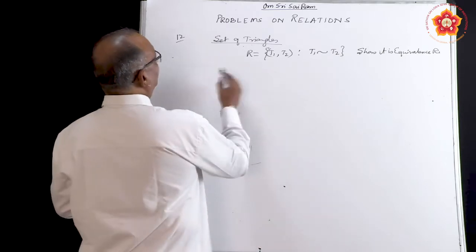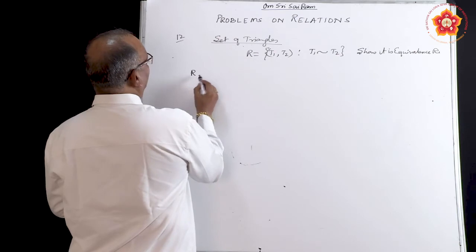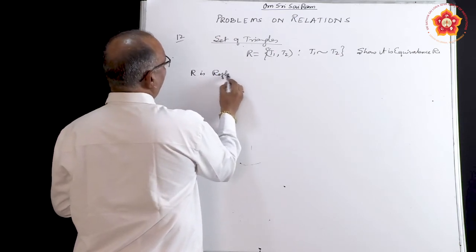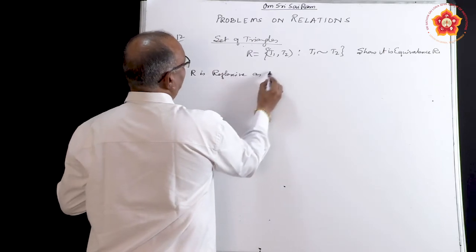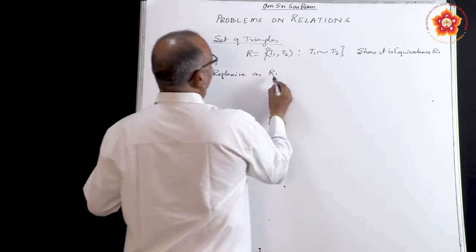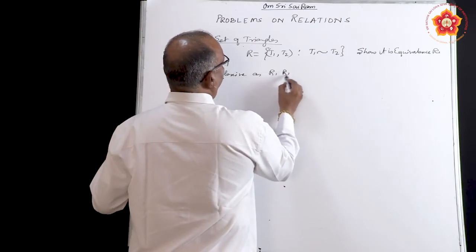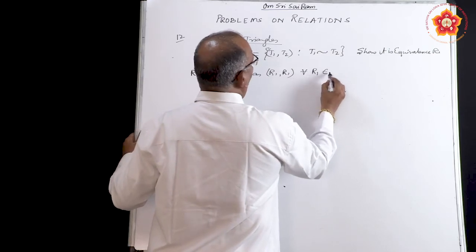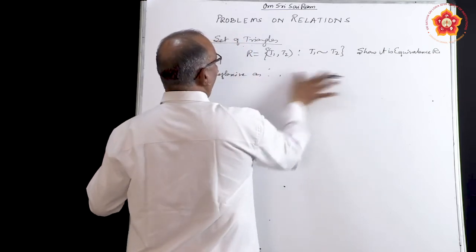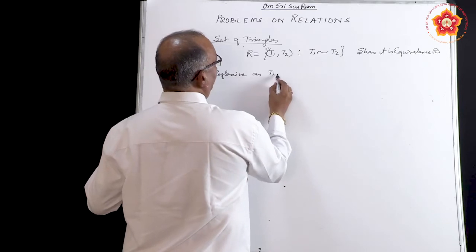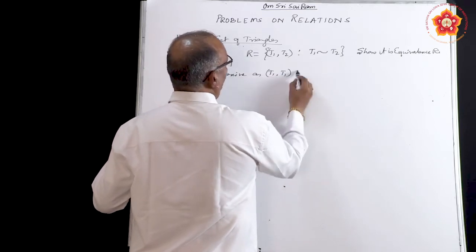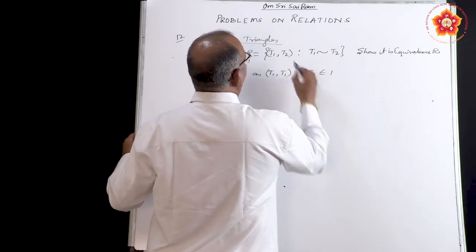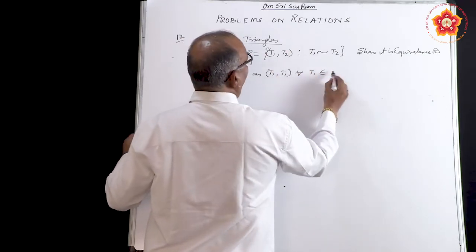We can say that R is reflexive. Why is it reflexive? As (T1, T1) exists for all T1 belongs to S, for the given set.